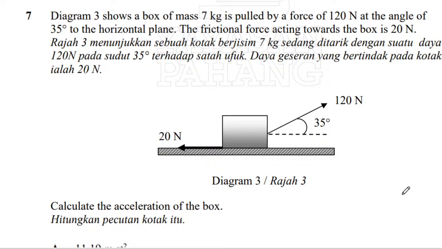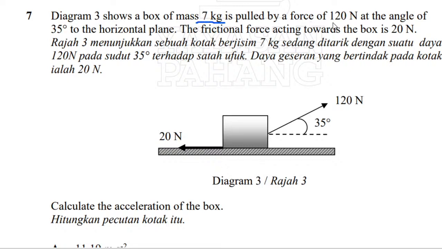Chapter 2, Form 4. Diagram 3 shows a box with a mass of 7 kilograms, pulled by a force of 120 Newton at an angle of 35 degrees to the horizontal plane, as shown in the diagram.